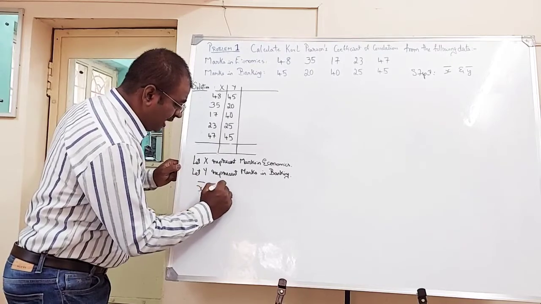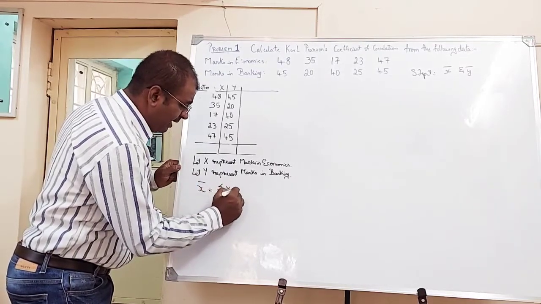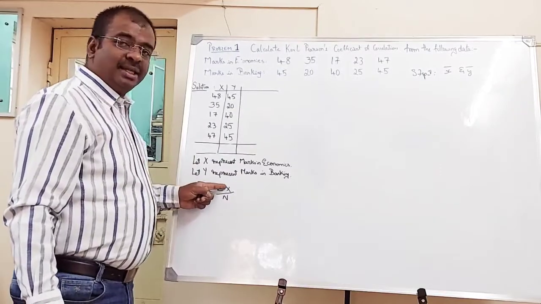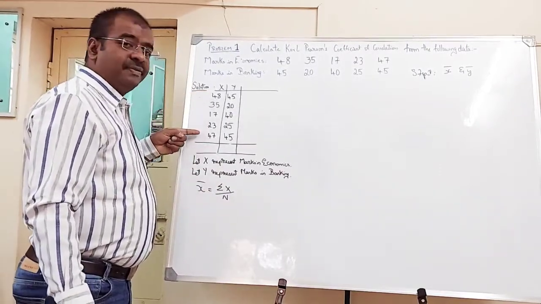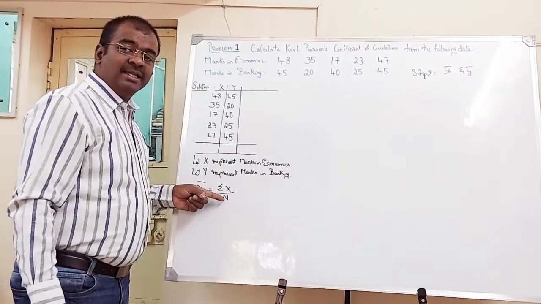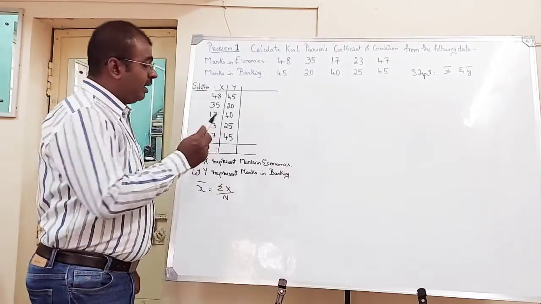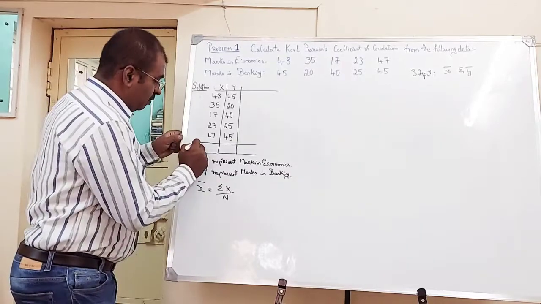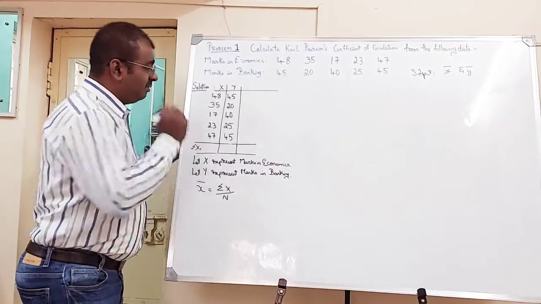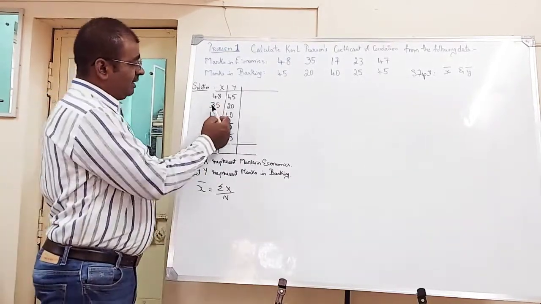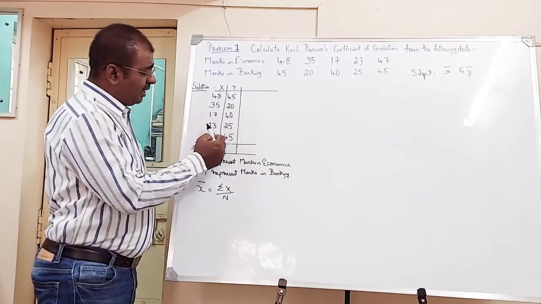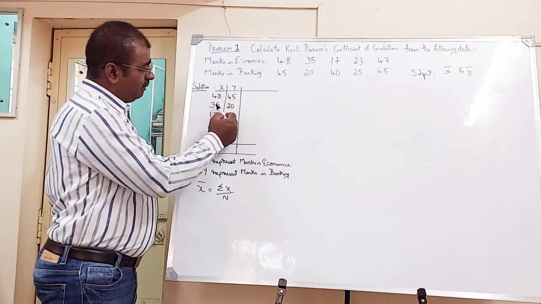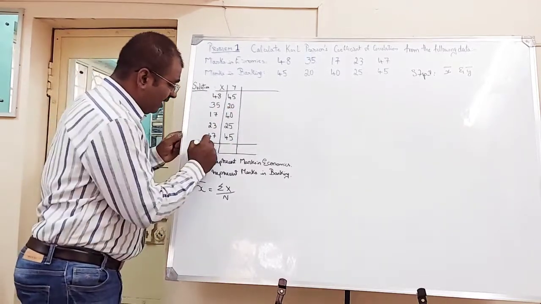X bar is equal to sigma x divided by n. Sigma x is nothing but the total of x, and n is the number of values given here, which is 1, 2, 3, 4 and 5. Now when we add all these values, we get 40, 30, 70, 80, 100, 140, 120, 150 and 170.